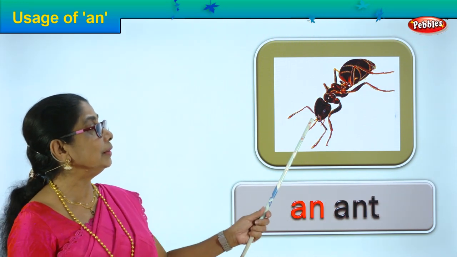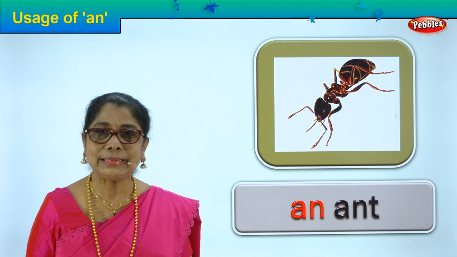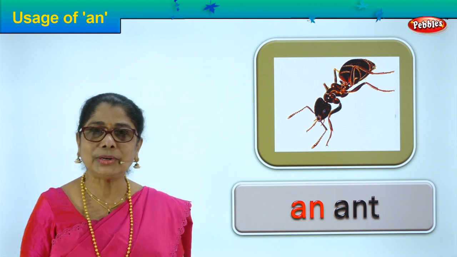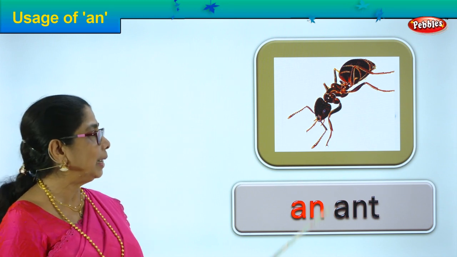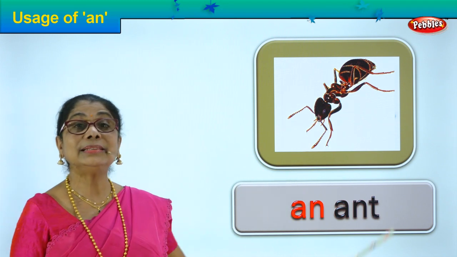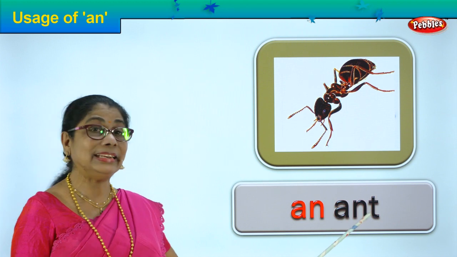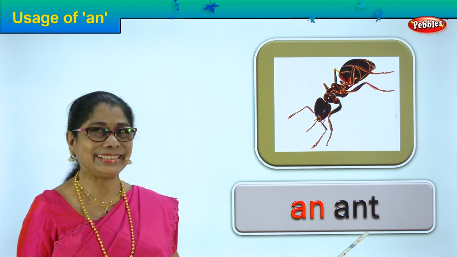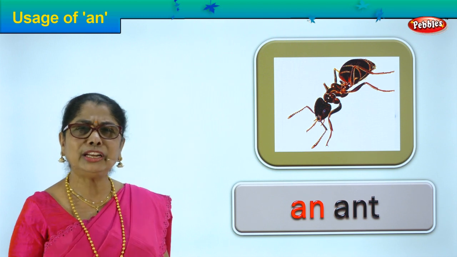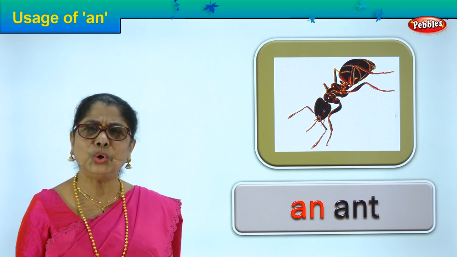See what you have here. Who bites you nicely? After you eat some sugar or sweet, you don't wash your hands, they will come and bite you. What is it? Ant. Spell ant. A-N-T. Ant. What is an ant? A tiny little insect. They always go in a group.